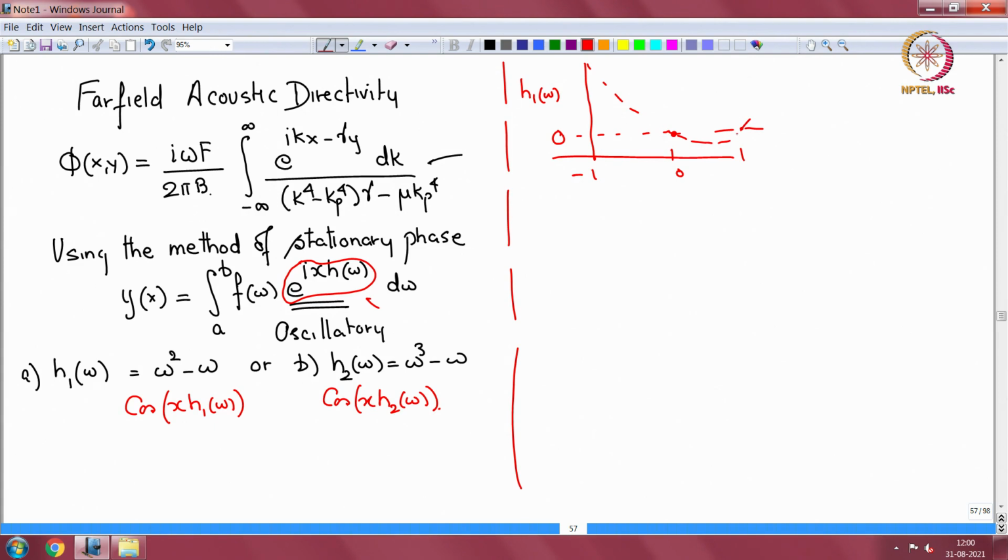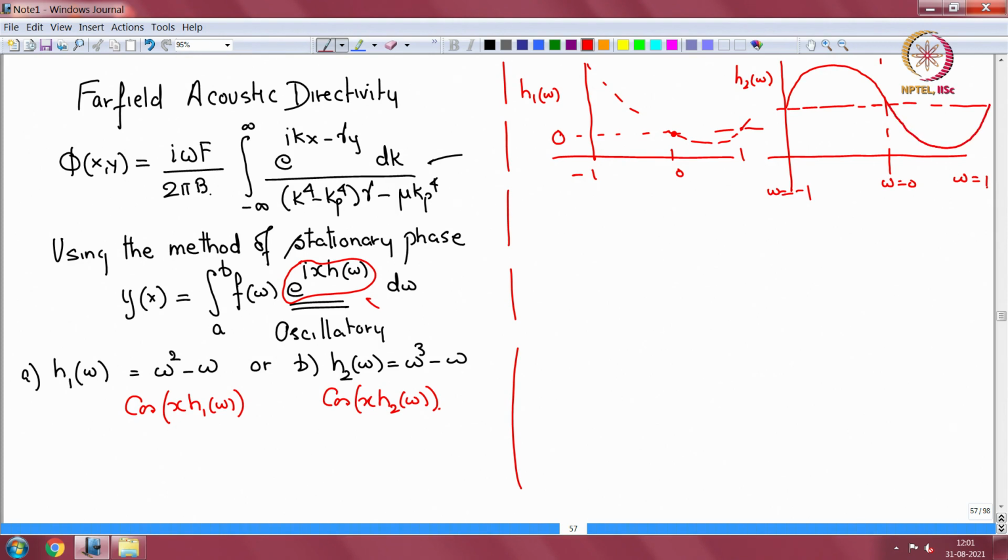The next function, h2 of omega, is cubic in omega, so it will go through 0 in three places: at omega equal to 0, omega equal to minus 1 and omega equal to 1. So it looks like this.